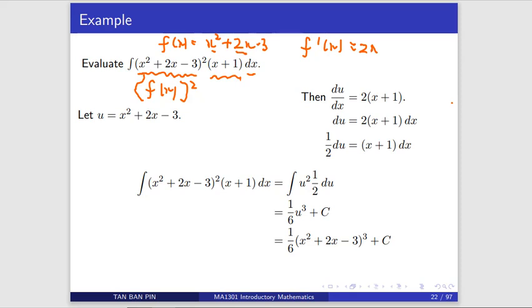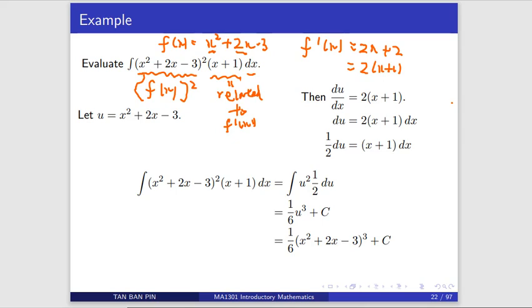Differentiating 2x gives you 2. So it's 2x plus 2, which is 2 bracket x plus 1. So this x plus 1 is actually related to f'(x). Okay, let's look at the solution.